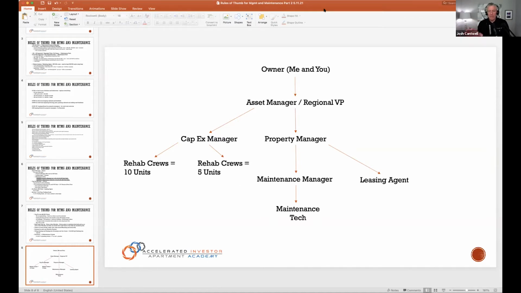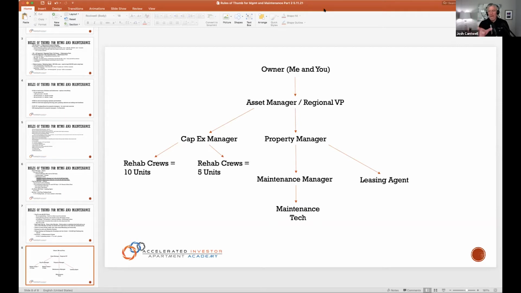They physically live in your area and they're managing thousands of units in your market. Let's call it the Mid-Atlantic market, the Midwest market, the Ohio market, whatever it is. That asset manager and regional manager is responsible for all the property managers. All the property managers are working under them.